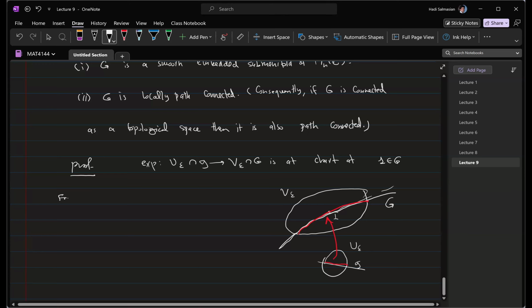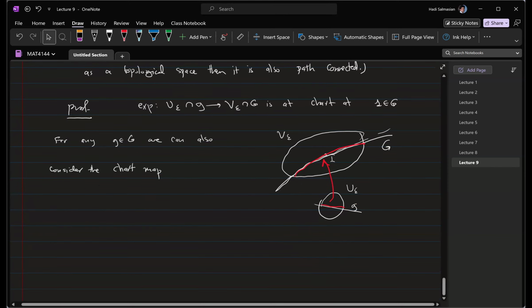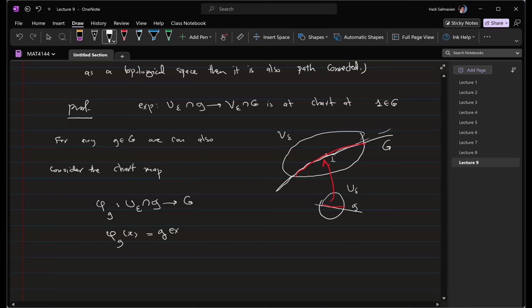For any g in G, we can also consider the chart map, maybe I use phi_g, going from U epsilon intersect G to G, where phi_g of X is g times exp of X. So translation. You just translate this chart to somewhere else on the group.